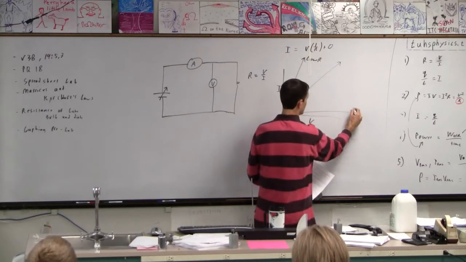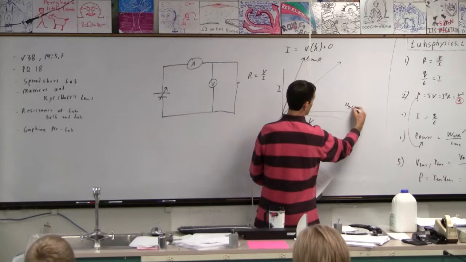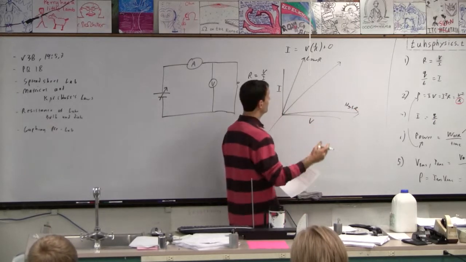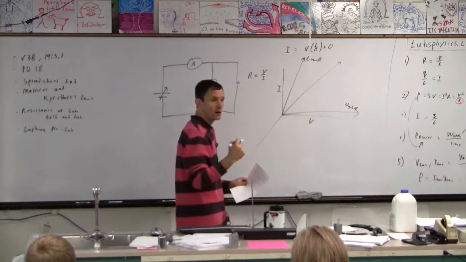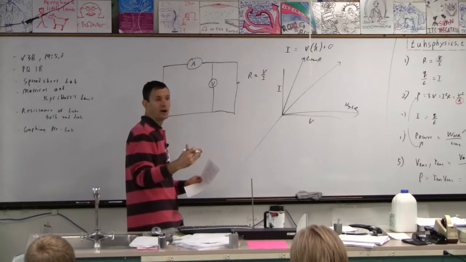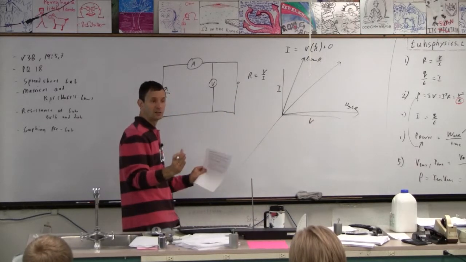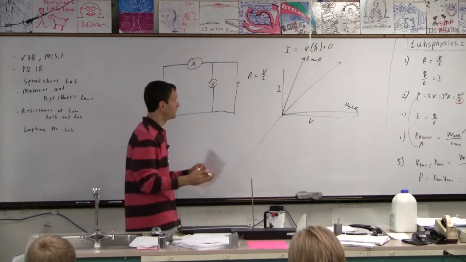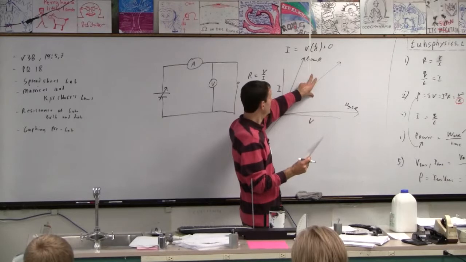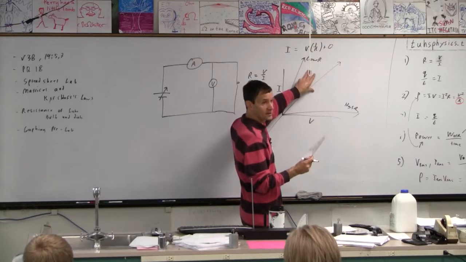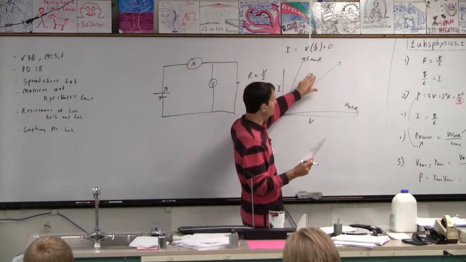If it's like this, it's actually high resistance, right? So remember that the slope of this graph is actually 1 over R, and that's something we're going to have to use in our little graphing pre-lab. Once we find the slope, which is how grown-ups would find the resistance, right? Once you find the slope of that, 1 over that slope is the resistance, okay?